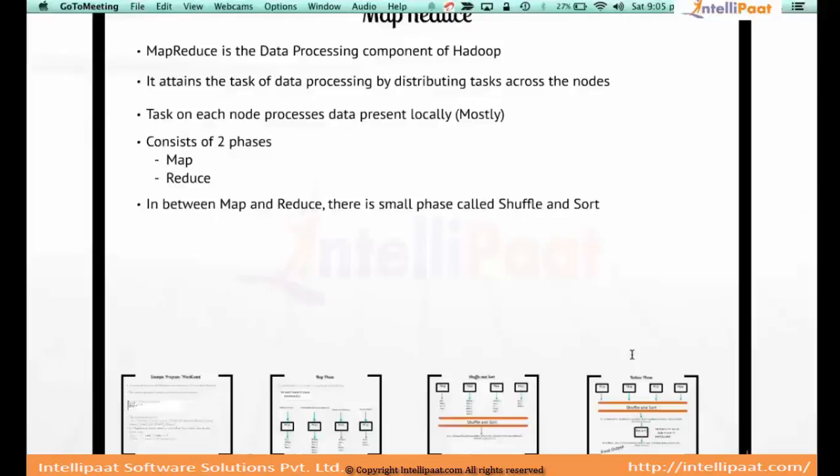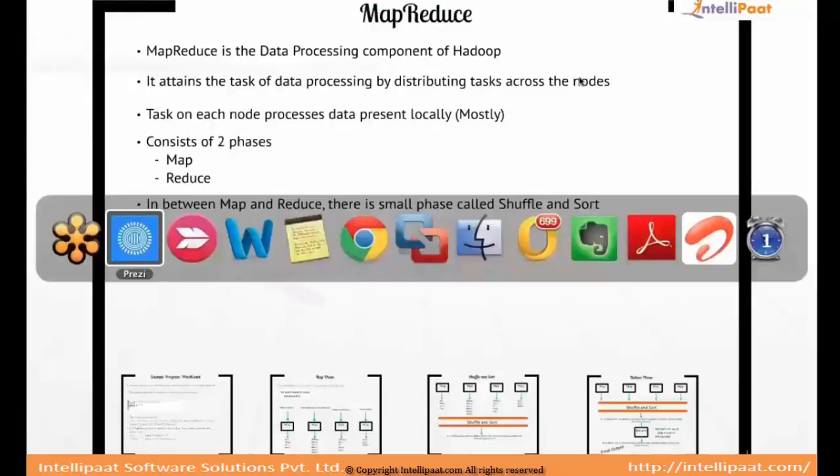In this case, it was aggregation. Got it? So this is MapReduce.